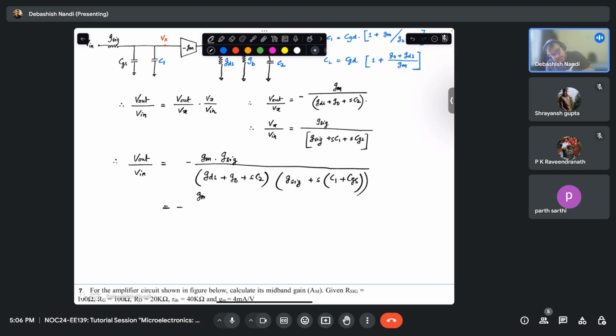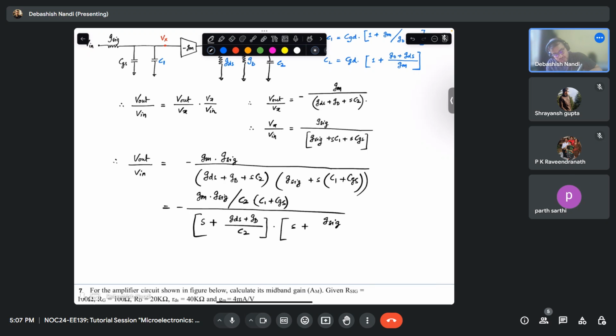I will have GM Gsig divided by C2 times, then I take C1 plus CGS common outside. So I will have S plus GDS plus GD over C2, and in the other case S plus Gsig over C1 plus CGS. Have you understood till this much?